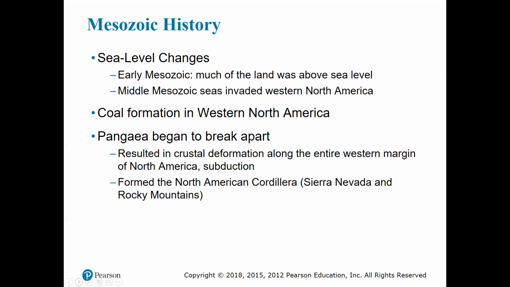We also had coal formation in western North America. And this occurred as we moved from the Jurassic period into the Cretaceous. The sea level rose again, and along western North America, as well as into the Atlantic and Gulf Coast areas, that created these coal swamps.